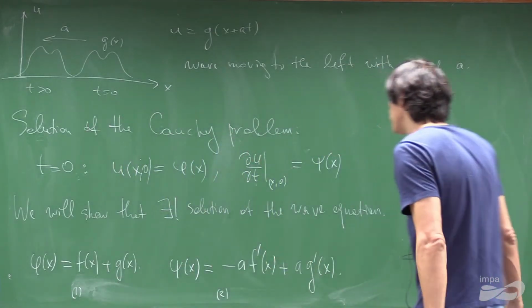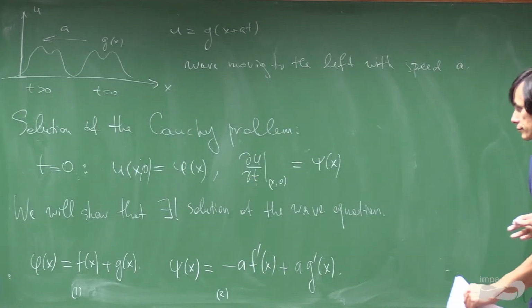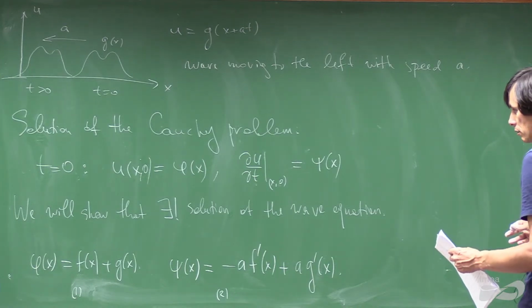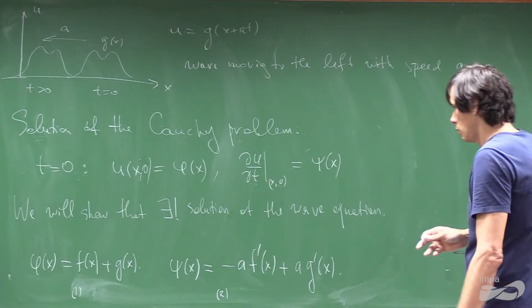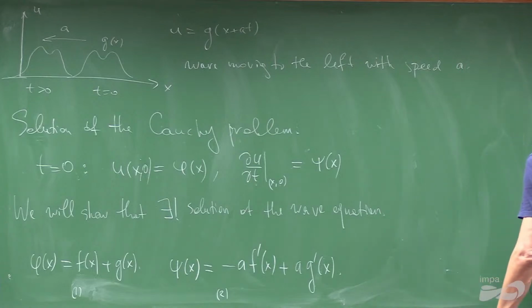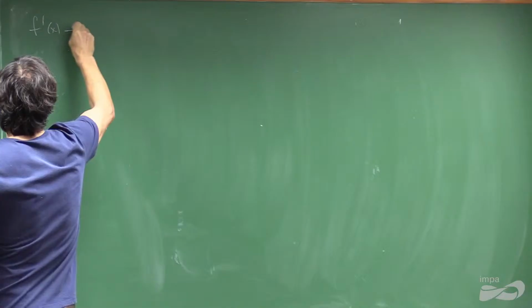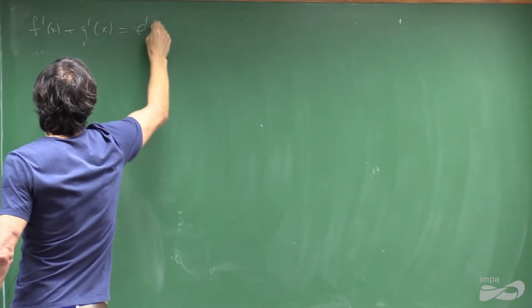So we take the derivative of the first, so that it will be f prime of x plus g prime of x equal phi prime of x.